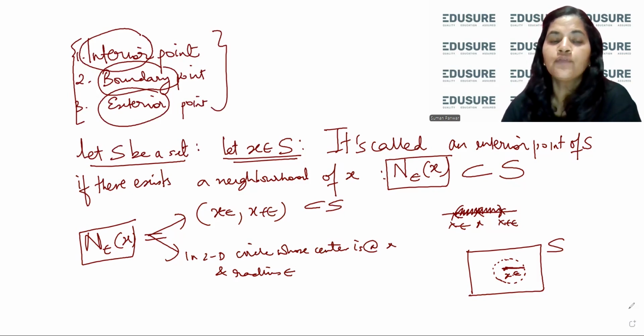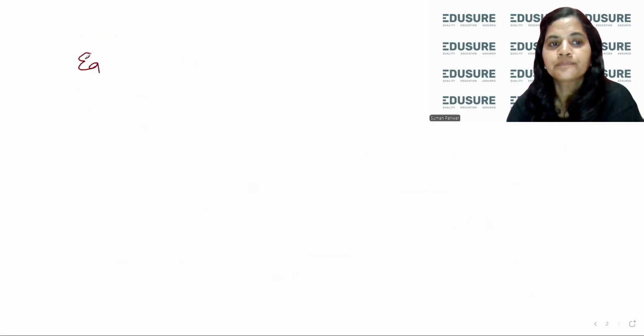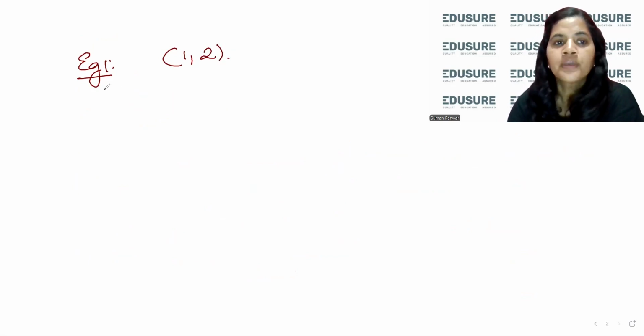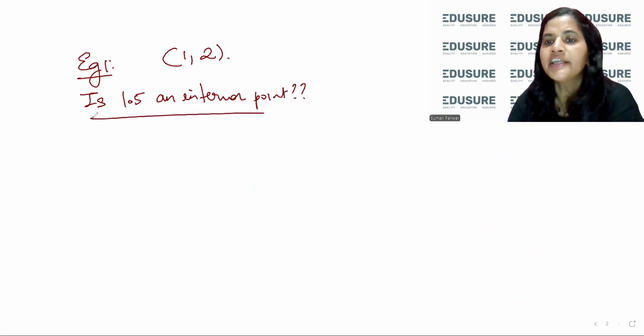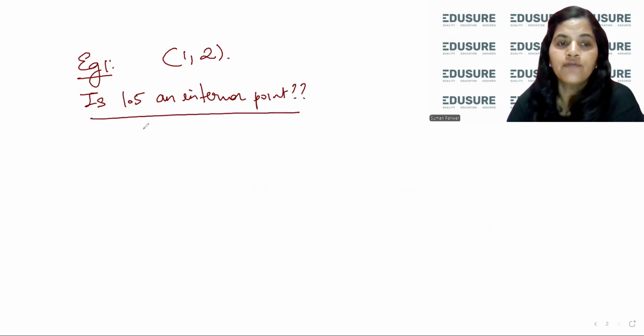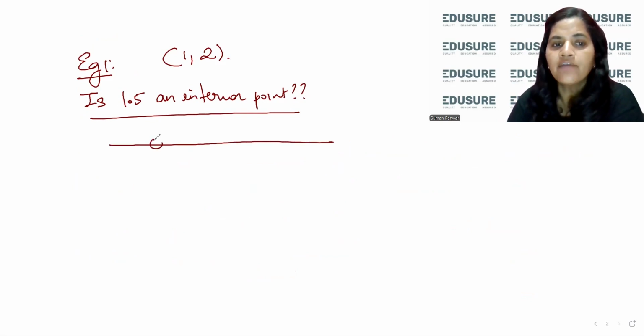So for example, if you look at the set (1, 2), is 1.5 an interior point? So if we look at this set, I have 1 which is not included, I have 2 which is not included, and 1.5 is here. If I choose epsilon to be 0.1, I can choose epsilon of my choice.